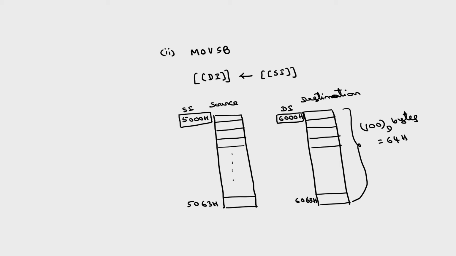Then if you want to automatically increment these contents, if the direction flag is reset, as I discussed in the earlier slide also, then the contents of SI and DI will both be automatically incremented by 1.